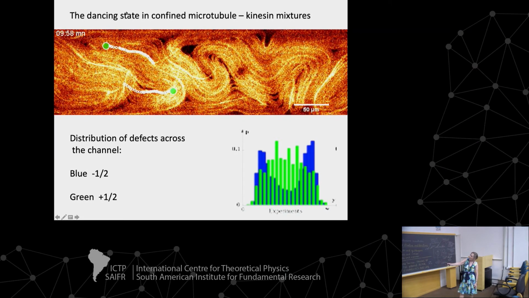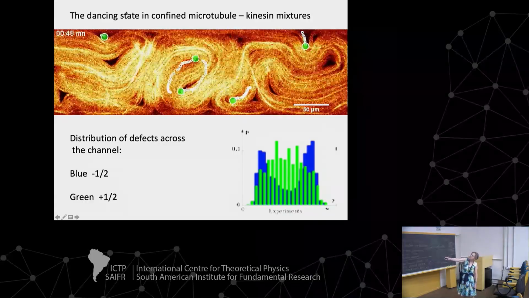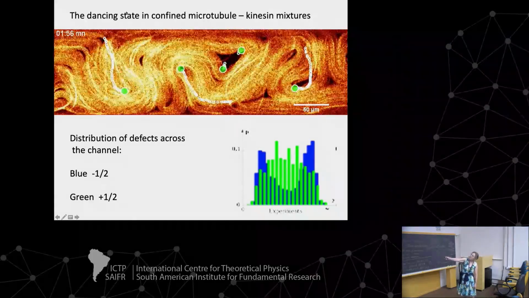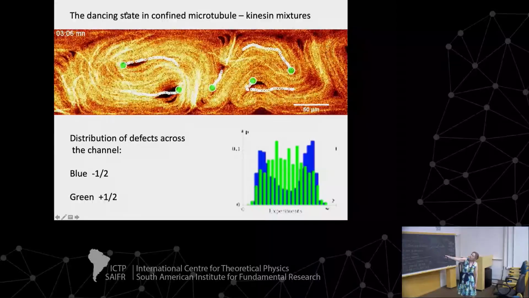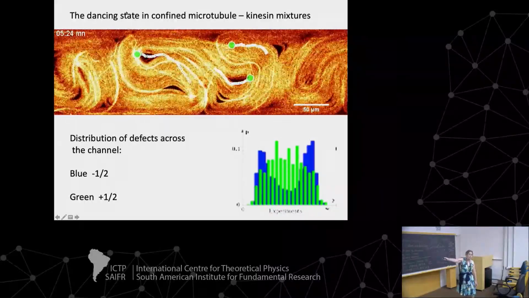This is where the defects are across the channel. These blue ones here are the -1/2 defects, which sit at the edge of the channel. And the green ones are the +1/2 defects, which are found all over the channel. The new thing is really that you get defects appearing at the walls. The defects tend to get created at the walls and then move into the center, and then they get destroyed at the other walls.